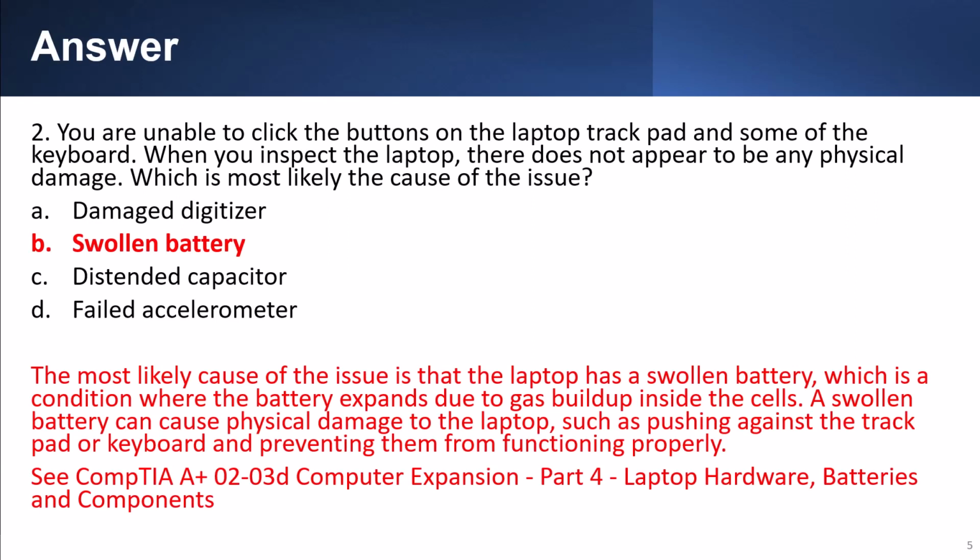Answer: swollen battery. The most likely cause of the issue is that the laptop has a swollen battery, which is a condition where the battery expands due to gas buildup inside the cells. A swollen battery can cause physical damage to the laptop, such as pushing against the trackpad or keyboard and preventing them from functioning properly.